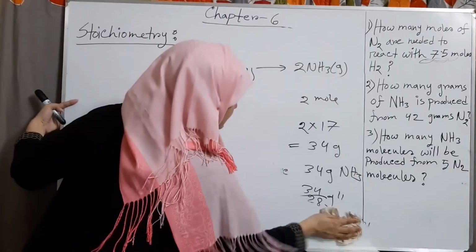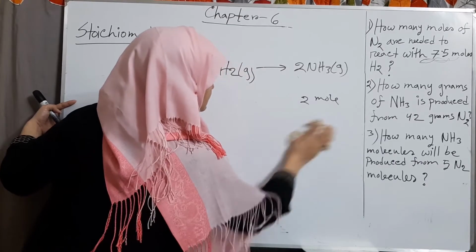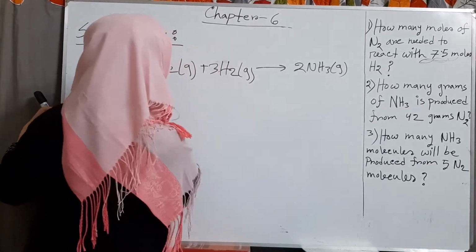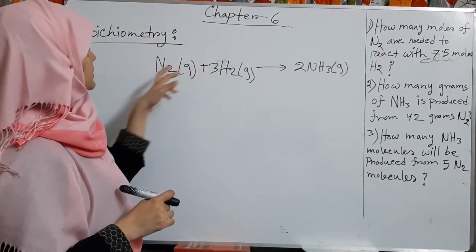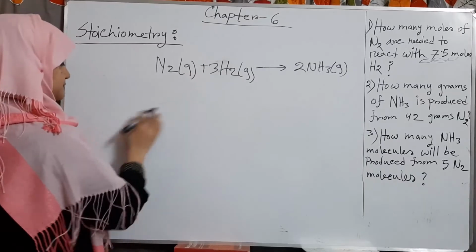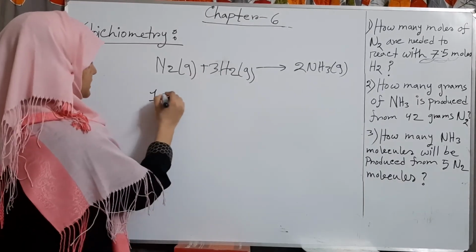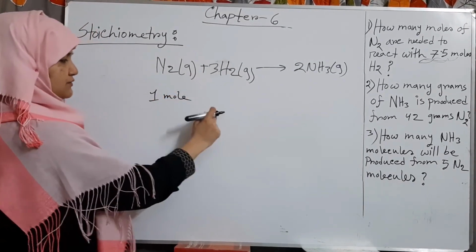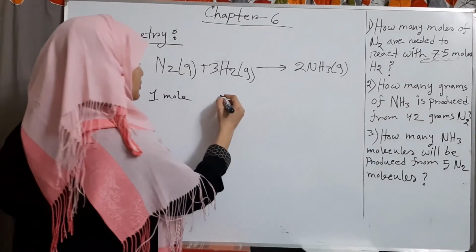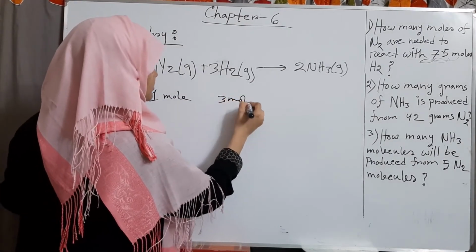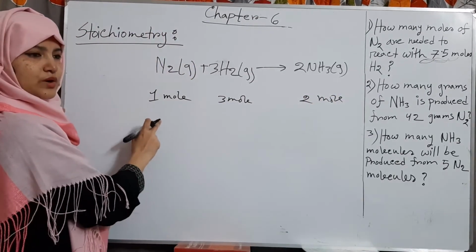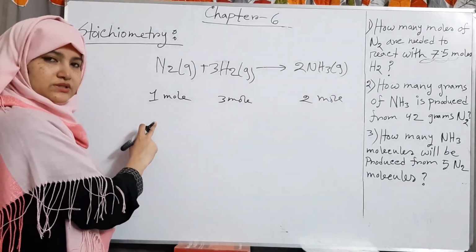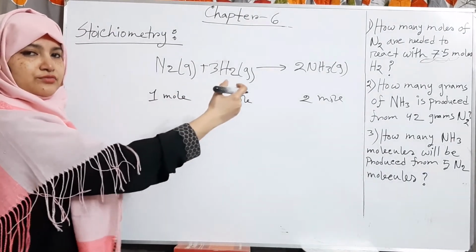We have to find out the relation between one of the reactants and the product. Similarly, at first we show the mole number, 3 mole and 2 mole, and we know 1 mole contains Avogadro number of molecules.